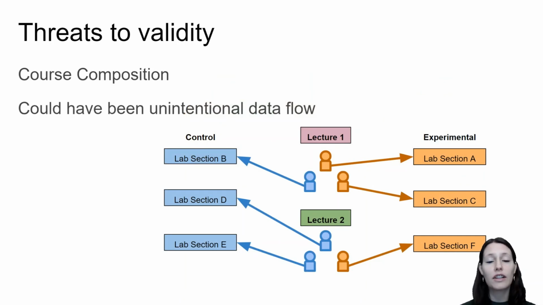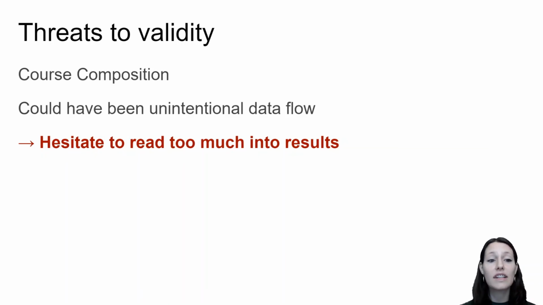There could have also been unintentional data flow. As I showed you earlier, while the lab sections were split, the lecture sections were mixed between the control and experimental sections, so there could have been some unintentional data flow. And finally, we hesitate to read too much into our results. As I mentioned, we performed a number of statistical tests, so our results should be taken with a grain of salt.